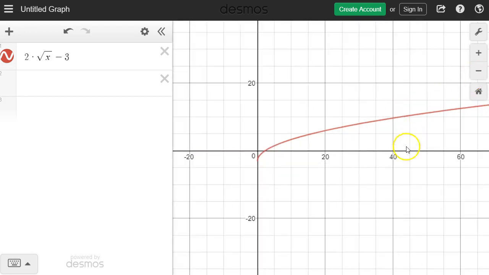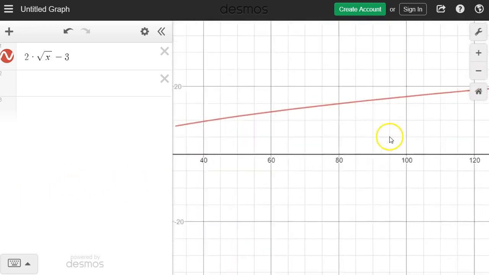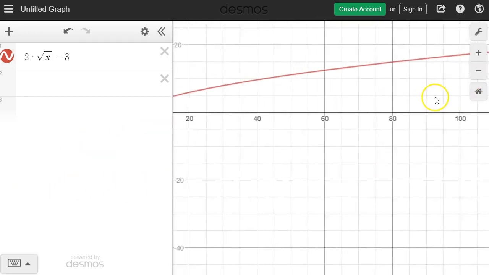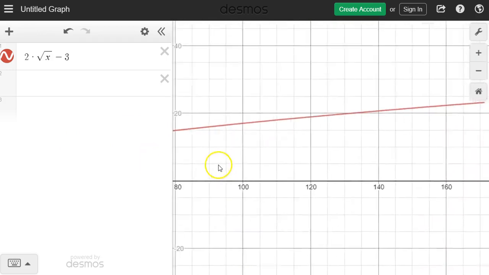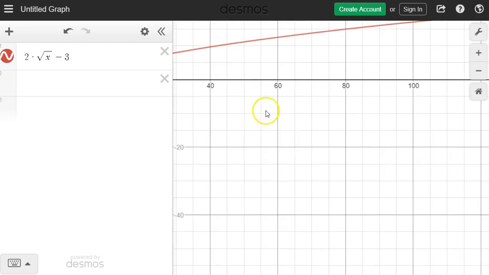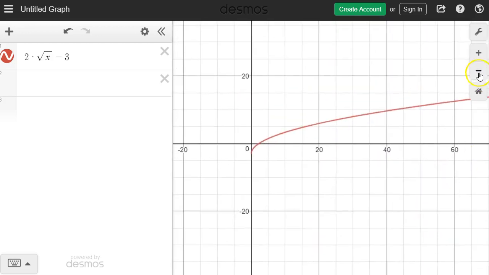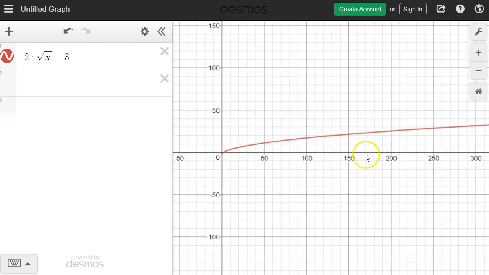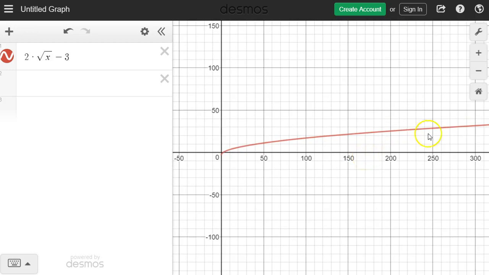Now let's move this over a bit. Maybe zoom out a little bit. We'll notice that it just goes off to the right forever. And it goes up to the right. It'll keep going up, keep going up. Okay, so we'll zoom out to maybe see it a little more. There we go. Notice that the domain, in this case, is the horizontal axis.